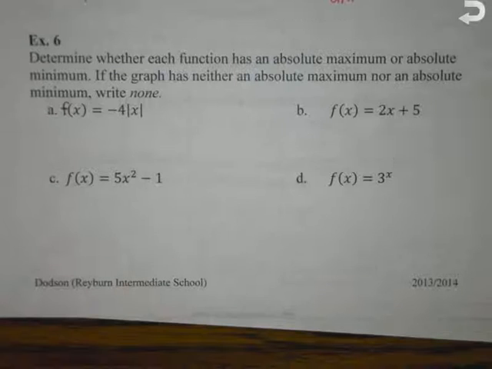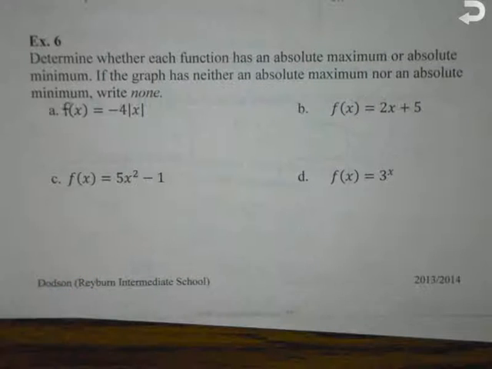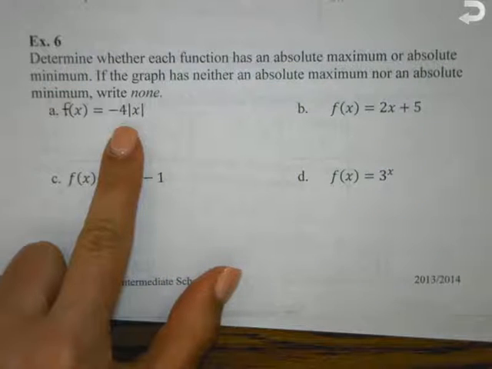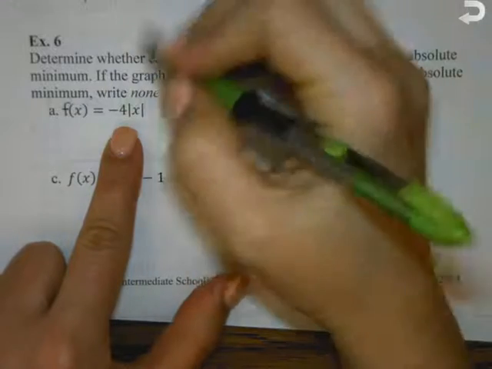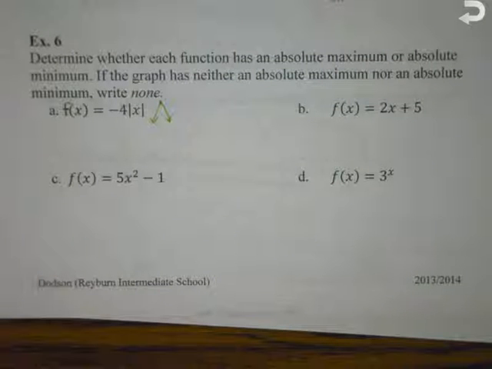Okay, look at part A. Negative 4 and those bars x. What type of function is that? That's an absolute value, but because it's negative, is it making a V or an upside down V? Upside down V. So this tippy point right there, is that the highest, the maximum, or the lowest, the minimum?